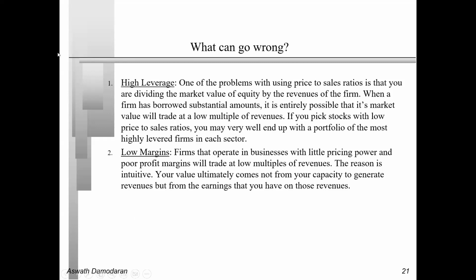So issues here, what can go wrong? High leverage. One of the problems with using price to sales ratios is that you're dividing the market value of equity by the revenues of the firm. So when a firm has borrowed substantial amounts, the market value might be trading at a lower multiple of revenues. If you pick stocks with low price to sales ratios, this might be due to a lot of debt.